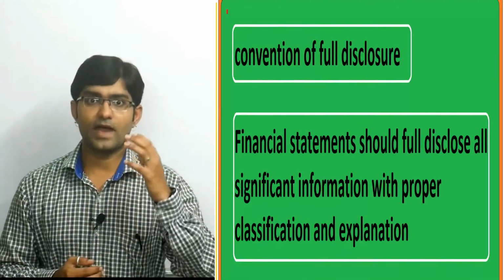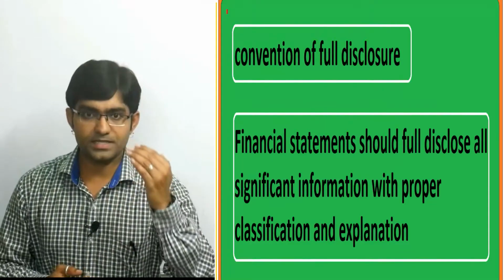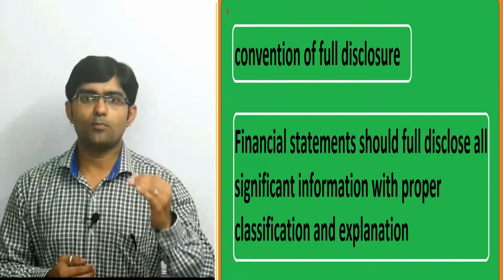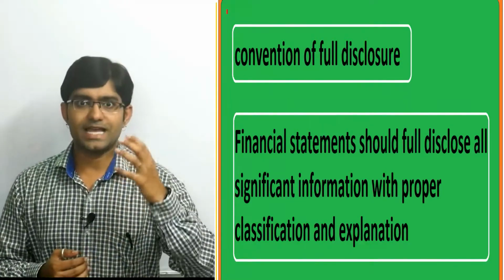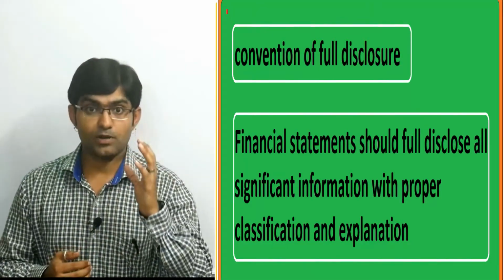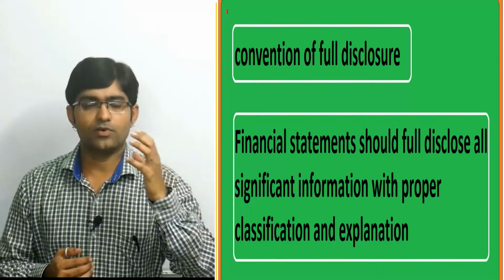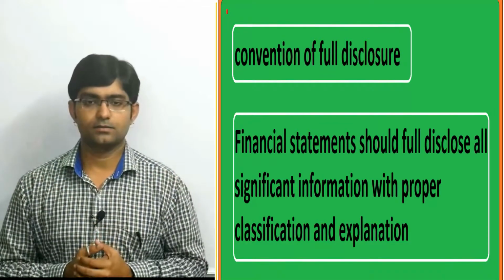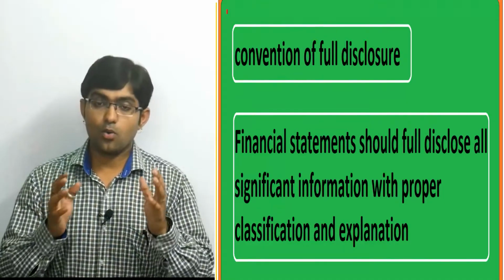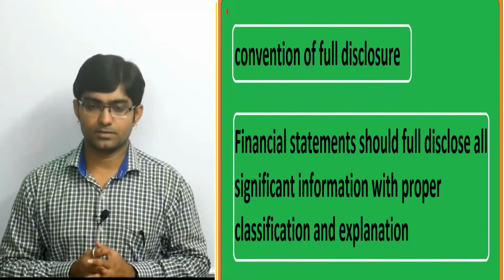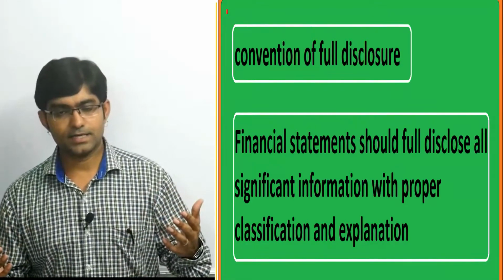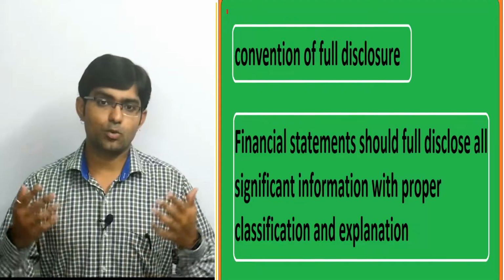You have to prepare your financial statements and present your financial information in a proper way with proper classification, that is classification of various items under various heads, and explanations to financial information wherever necessary, because there are so many users who are going to use your financial statements. For example, shareholders, bankers, rating agencies, income tax authorities, and so many other persons.